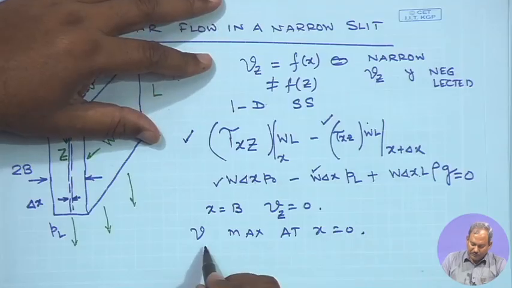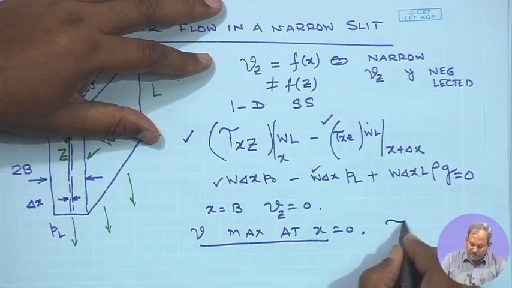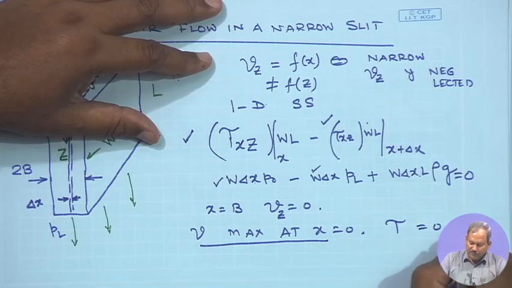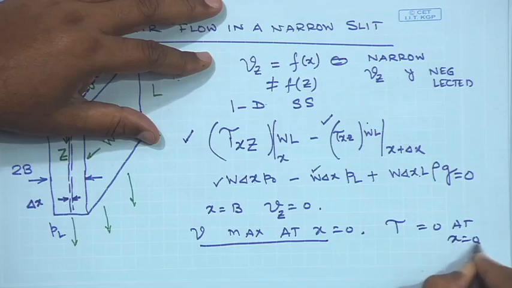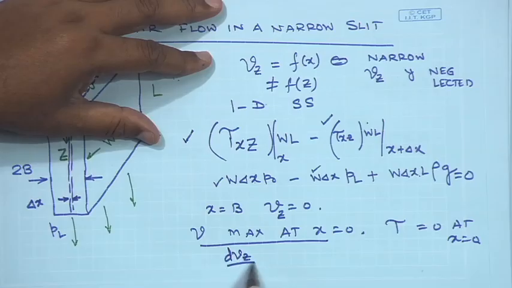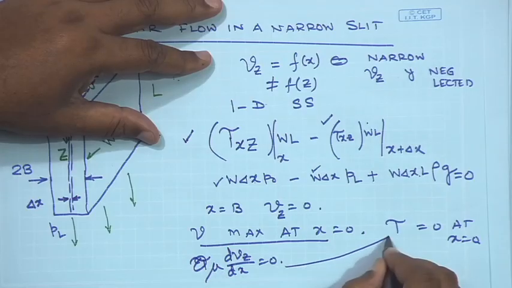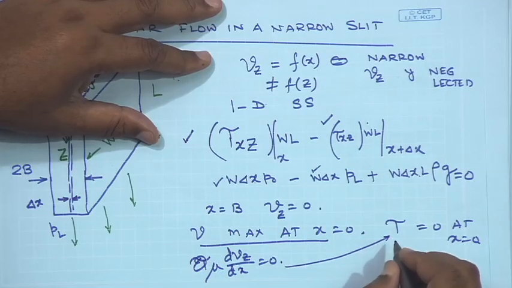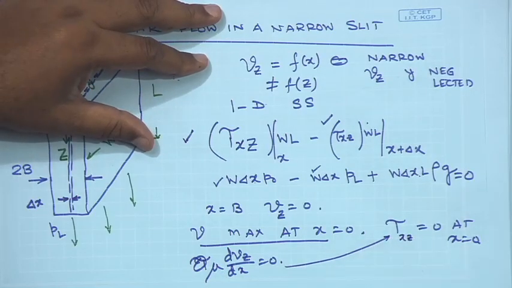Therefore, if the velocity is maximum at x equal to 0, then tau would be equal to 0 at x equal to 0, because in order for velocity to be maximum, dVz/dx is 0, multiplied with mu, and what you get is tau xz would be equal to 0.